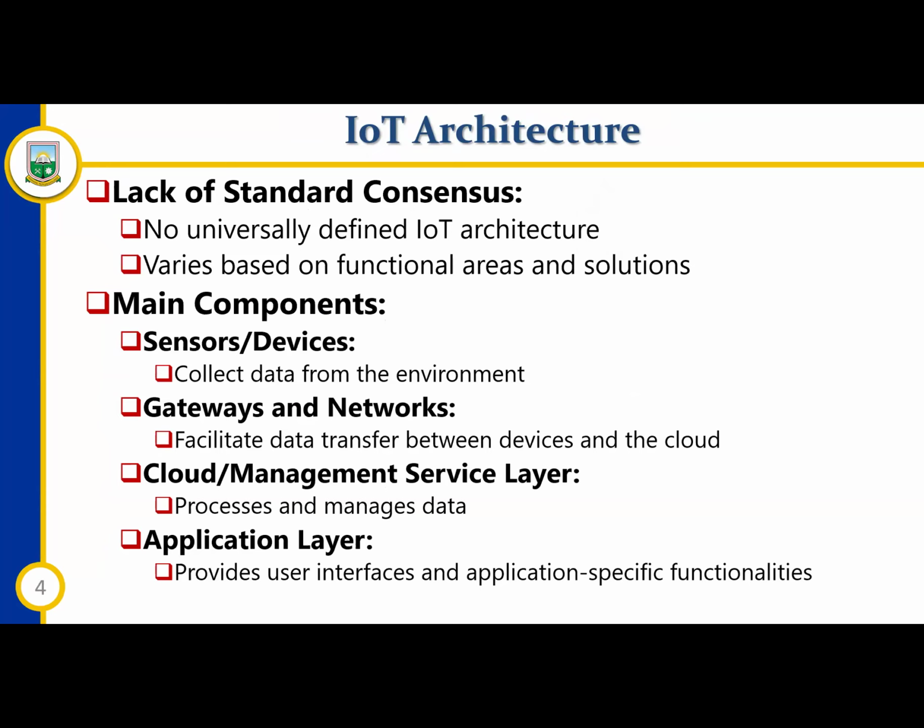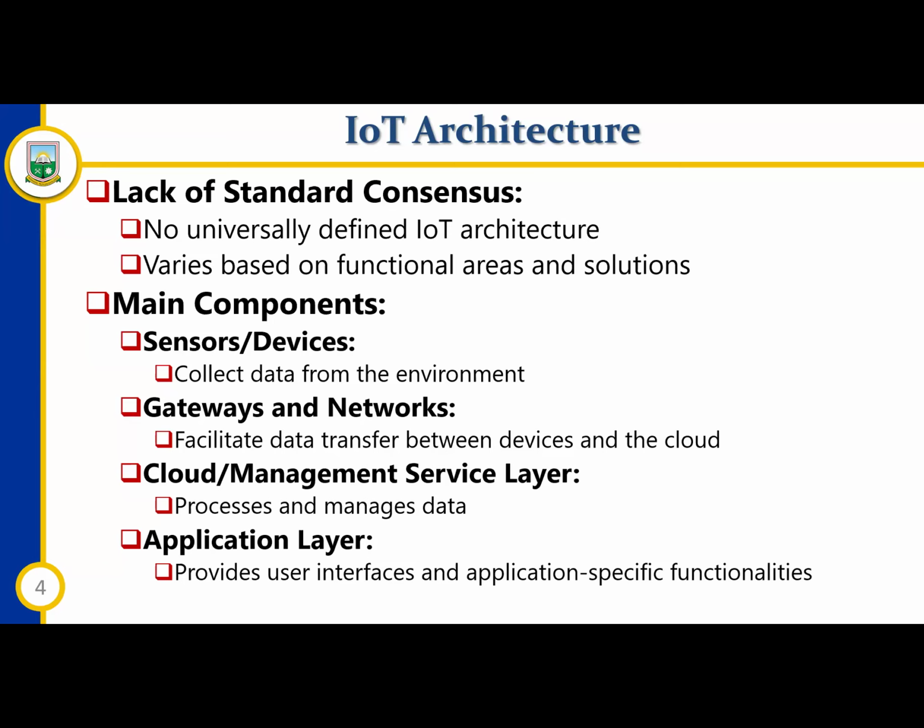So we don't really have a unique or standard one, but there are some basic things that virtually all these architectures should have. When we talk of the IoT architecture, it differs by functional area and the solution the IoT is meant to tackle. But in this case, the architecture itself consists of about 4 main components.